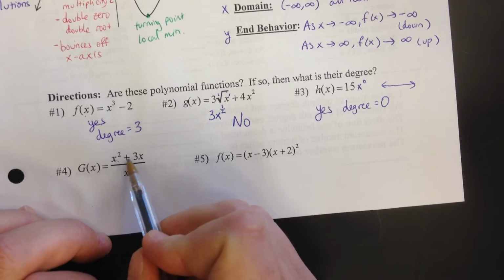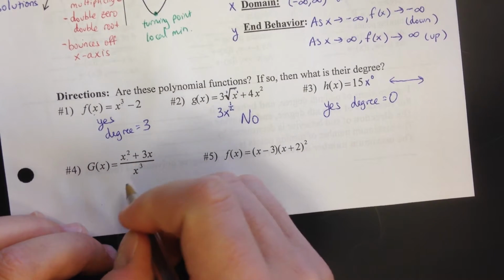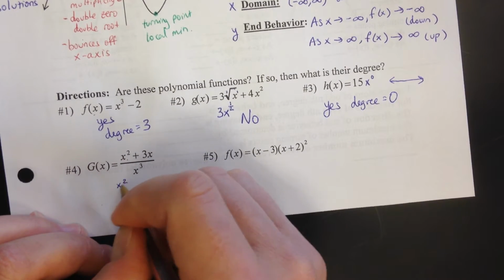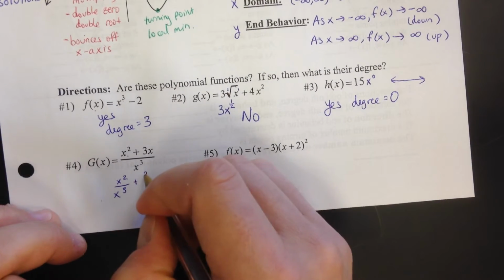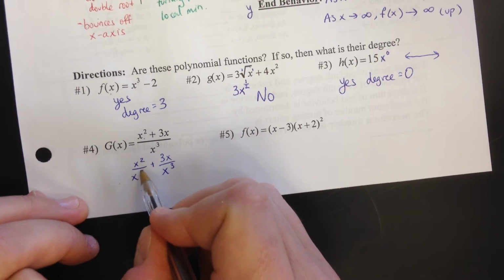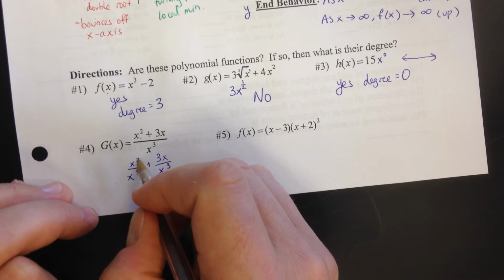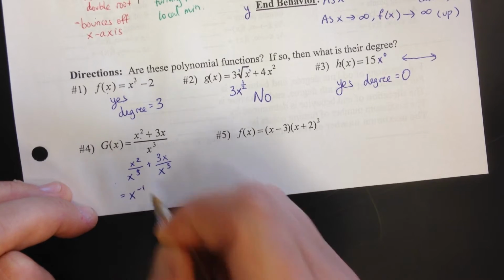Number 4, x squared plus 3x divided by x to the third. Well, what we could do from that is we could break that into x squared over x to the third plus 3x over x to the third. And if we subtract the exponents, we're going to get 2 minus 3 is negative 1. We get x to the negative 1.